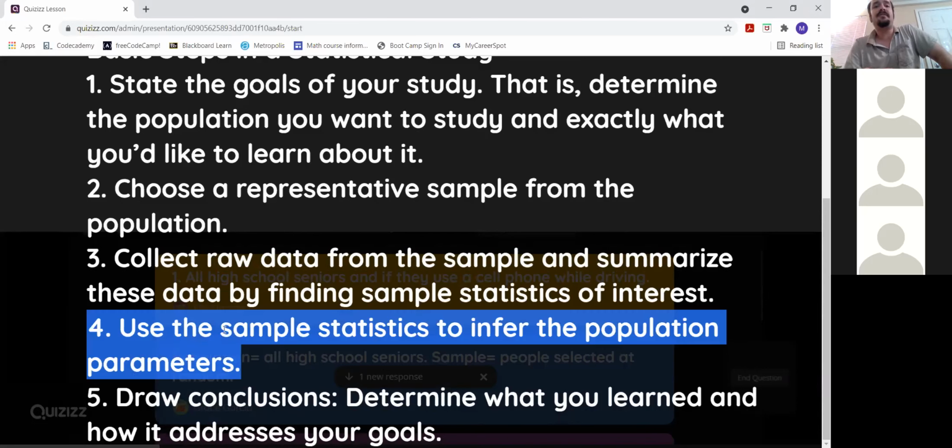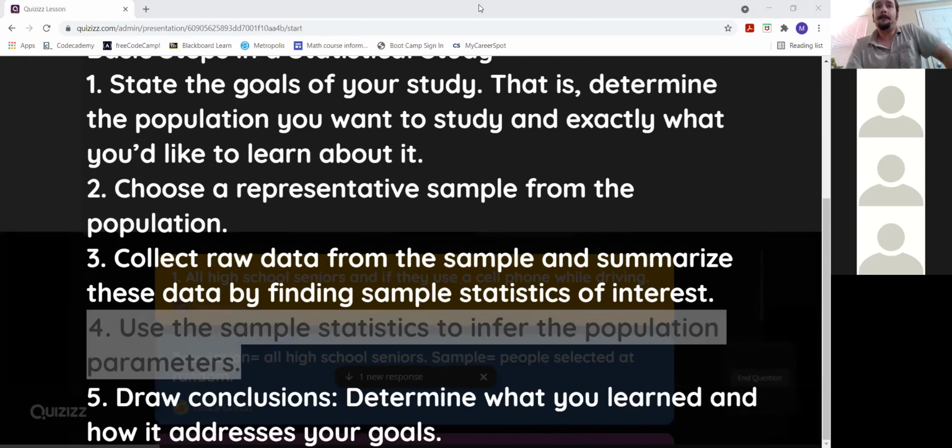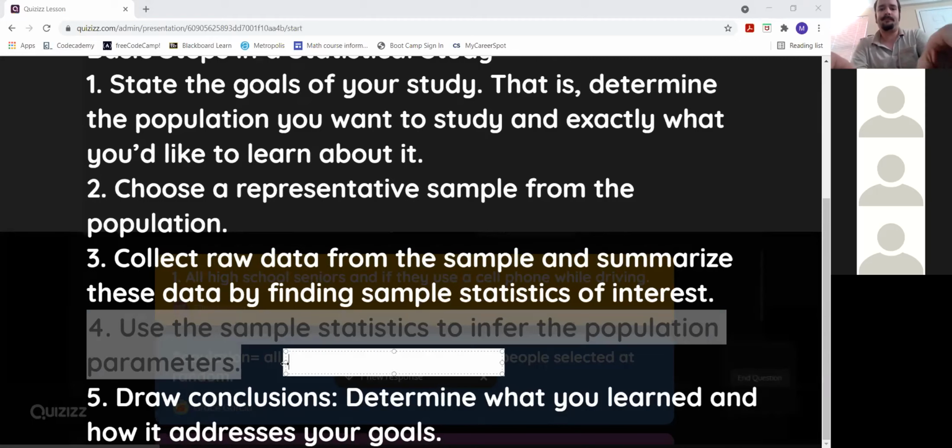So this is you're using the sample statistics. So you're going to talk about your survey. Let's say you have a senior class of 300 people, and that's your population. But your sample's not going to be 300 people. Your sample might be like 20 people.